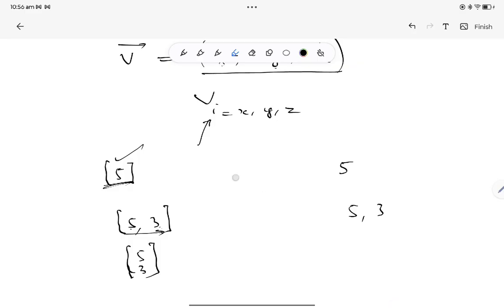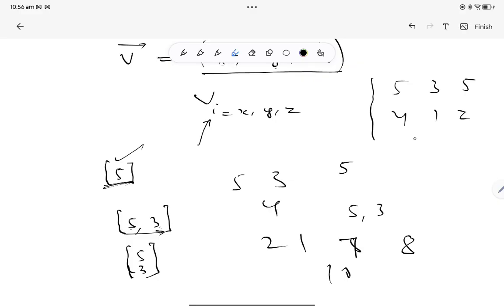Now suppose you have a lot of numbers: 5, 3, 4, 2, 1, 7, 8, 10, etc. You can arrange these numbers in two dimensions. Suppose you put some numbers like this: 5, 3, 5, 4, 1, 2, 3, 4, 0, etc.